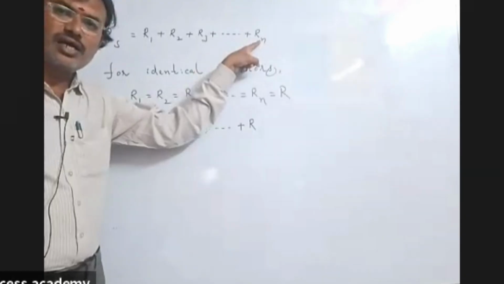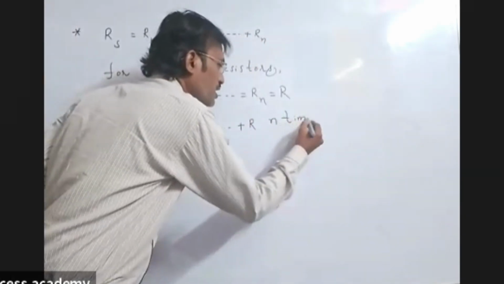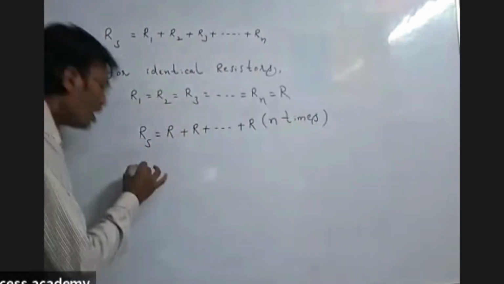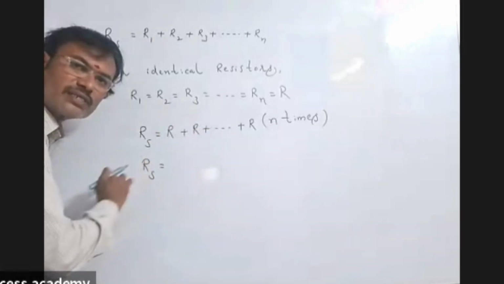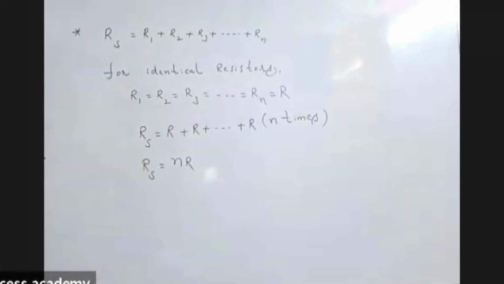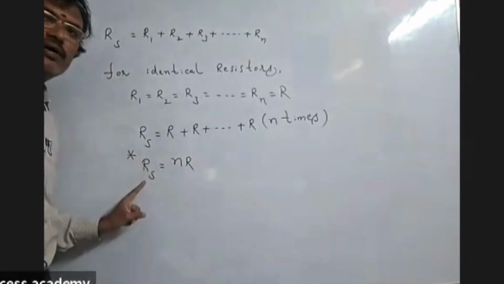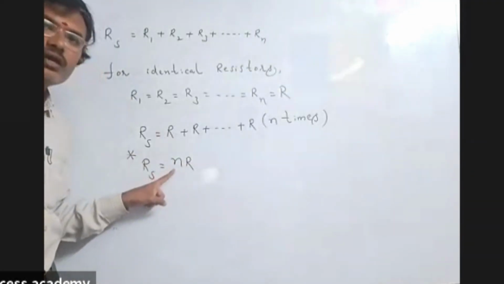N resistors, so n times repeated. Now Rs is equal to R plus R plus R and so on plus R, n times, which we write as NR. So for identical resistors in series combination, the equivalent resistance is NR.